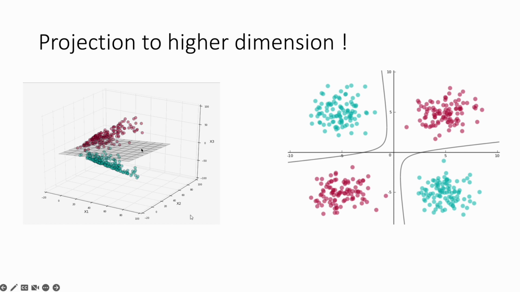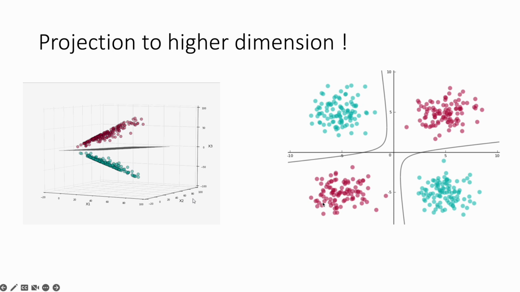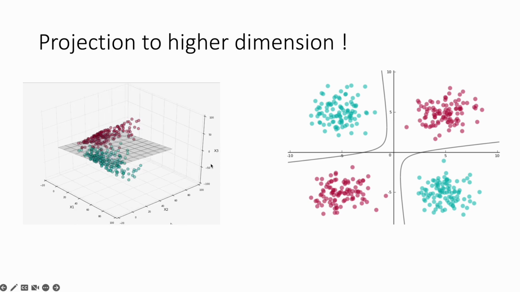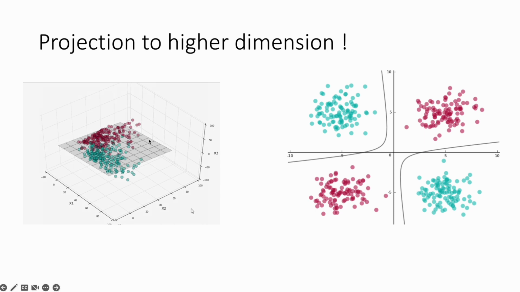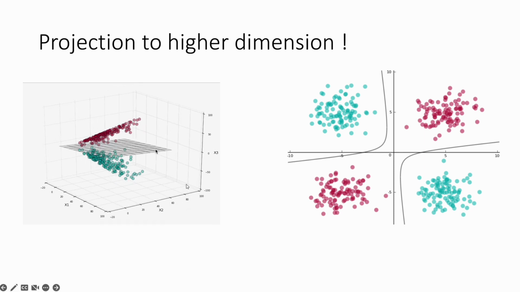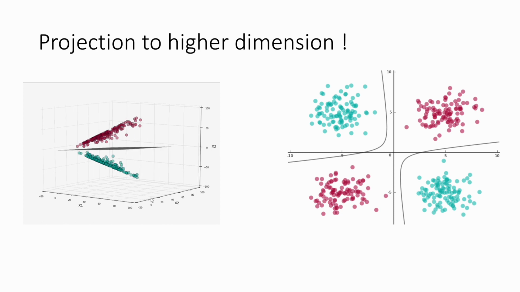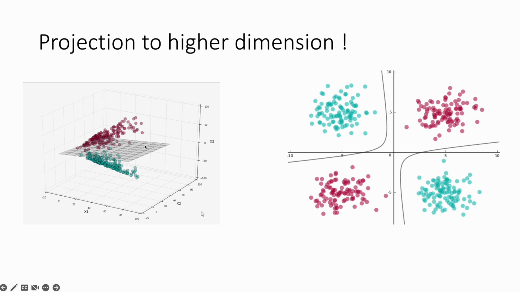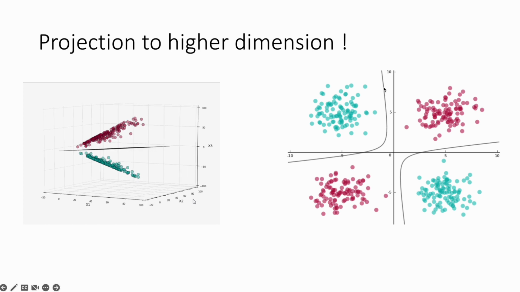Now, one more thing is, this is a projected dimension, right? We are projecting our 2-dimension figure into 3 dimensions by creating features capital X1, capital X2, capital X3, and then we are separating that out with a hyperplane, in this particular case a 2D plane. When we project this back into 2D, when we do a reverse transformation, my data which is linearly separable in a higher dimension will look like this.